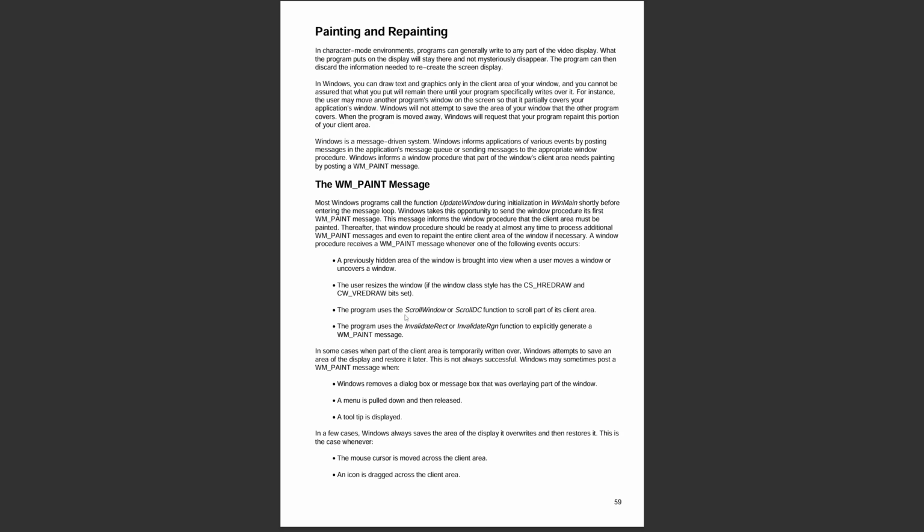The program uses the ScrollWindow or ScrollDC function to scroll part of its client area. And finally, the program uses the InvalidateRect or InvalidateRgn function to explicitly regenerate a WM_PAINT message.